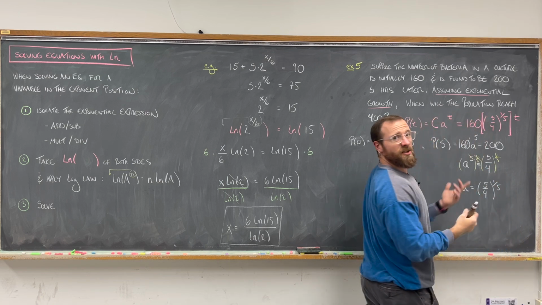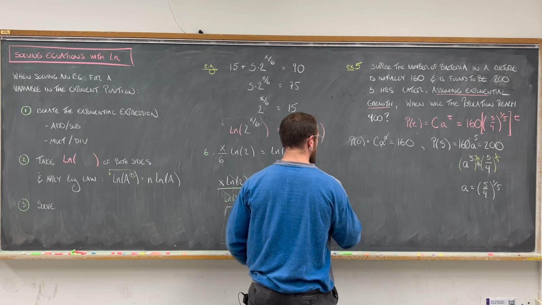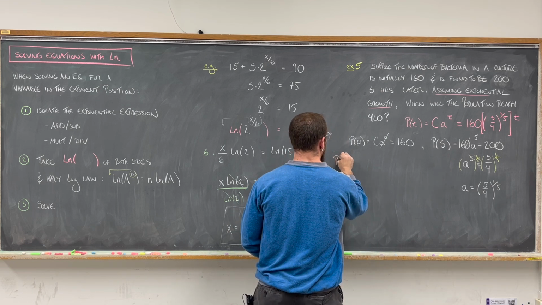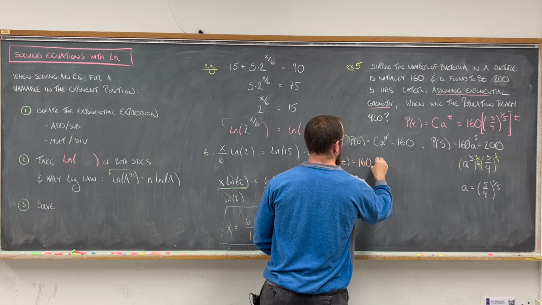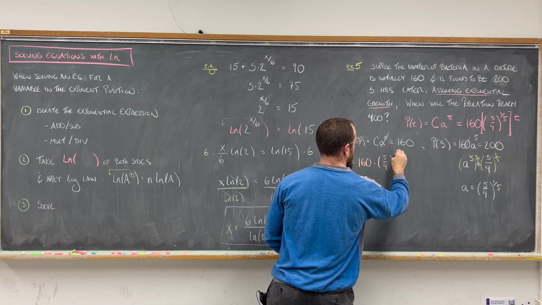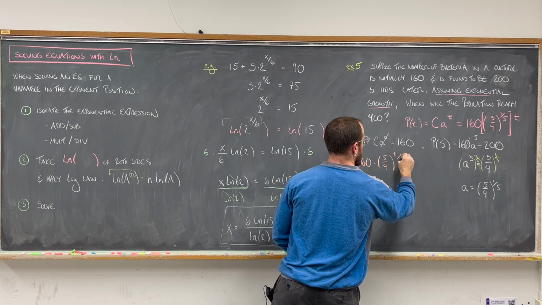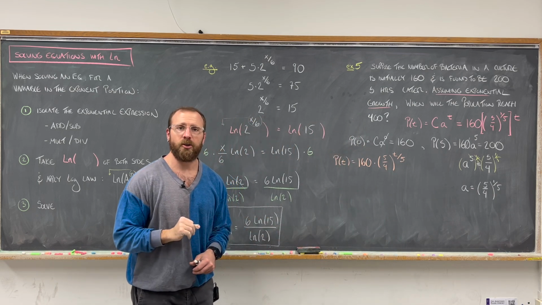Of course, the normal thing to do at this point is to multiply those exponents together, so that the way I'd like to refer to it is the population at time t equals 160 times 5/4 to the power t over 5. Okay, that's my population model.